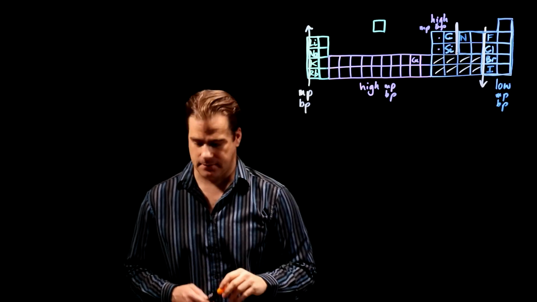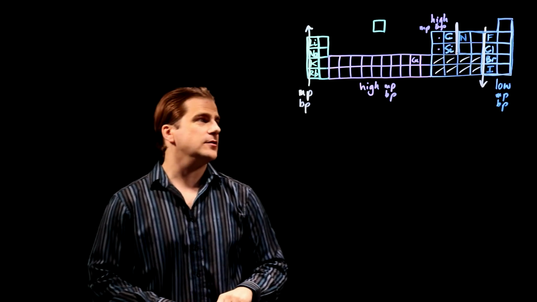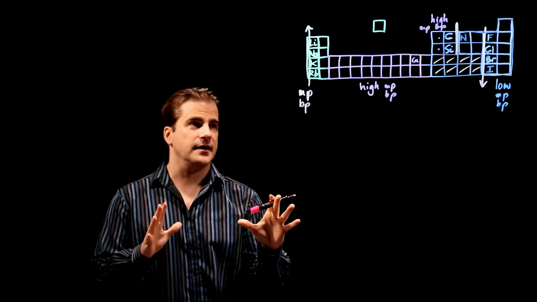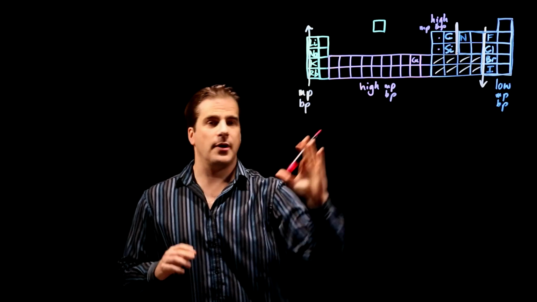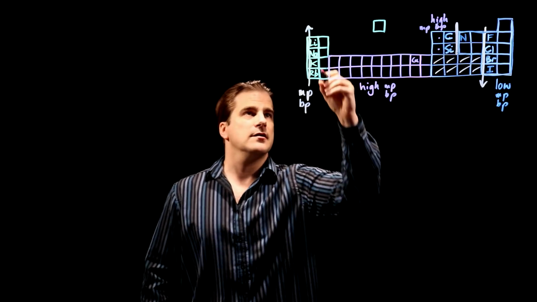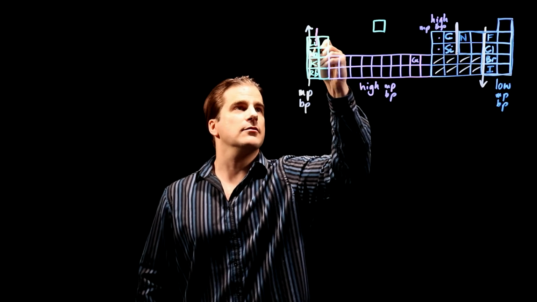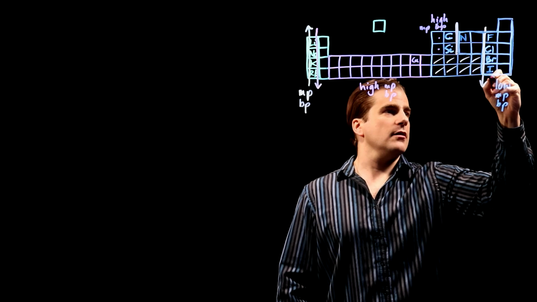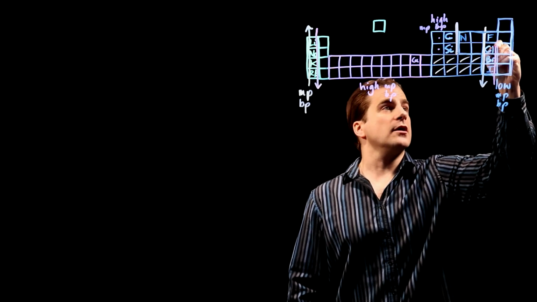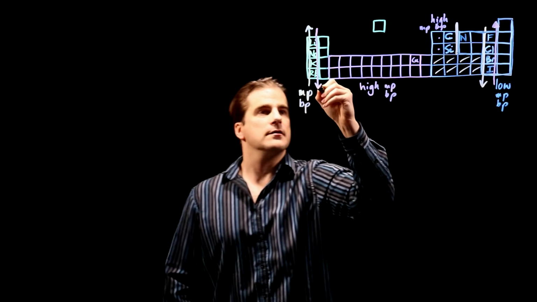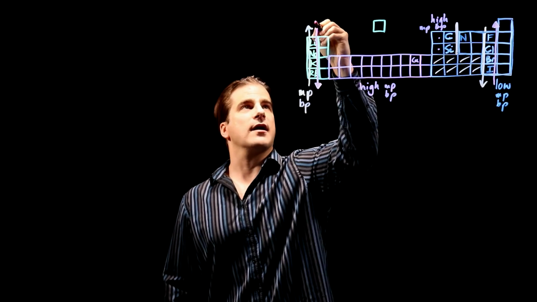So let's draw that in. Let's use pink. So with reactivity, we're going to draw 2 arrows again, but they're the exact opposite of melting points. Okay, so this time, this arrow through group 1 is going to go down, and the arrow in group 7 is going to go up, right? So pink arrows is reactivity.